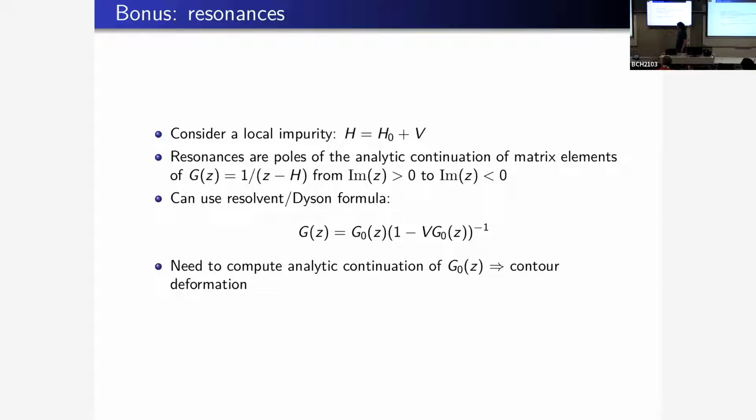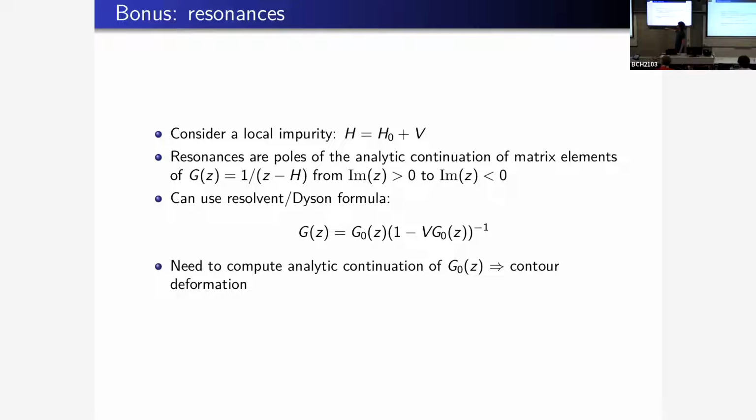If you want to propagate this on H, where H0 is a periodic, recurrent, constant graphene, and you perturb locally, you put in an effect. Okay. You can define the Green function, you can continue the Green function, and if you find poles of that analytic continuation, that's a resonance.